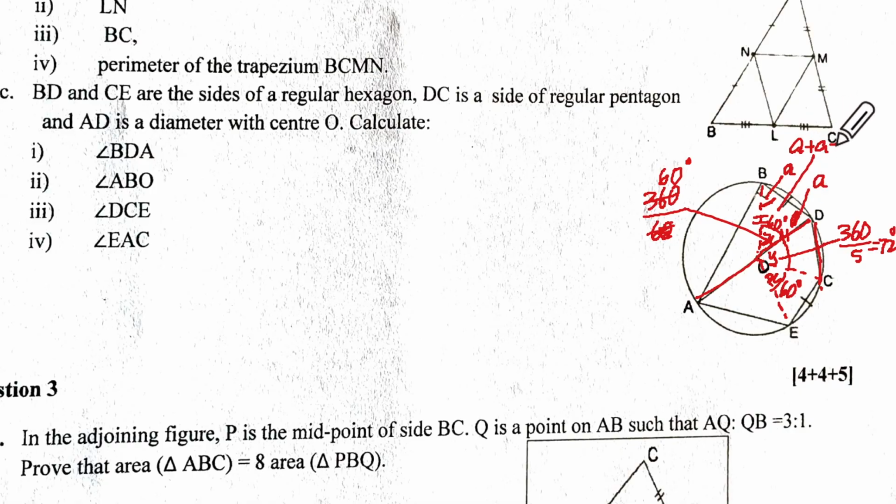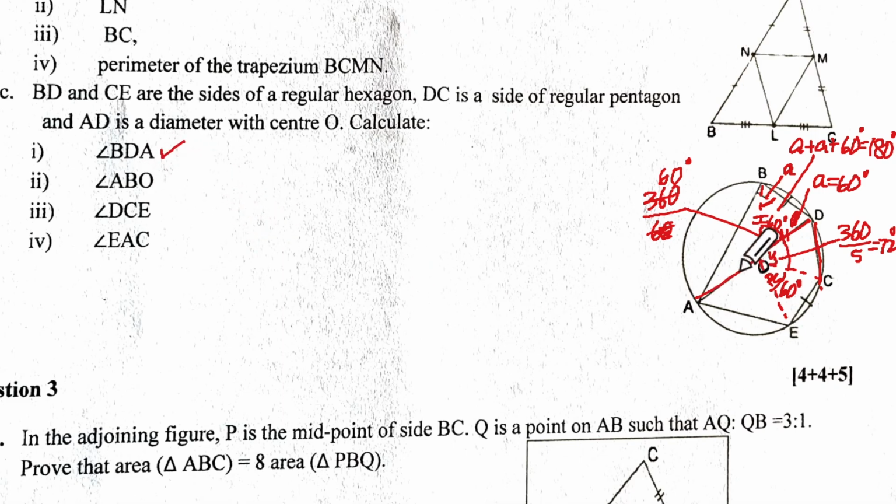A plus A plus 60 degrees is equal to 180 degrees. You have to write what I'm writing. So 2A is equal to 120. So A is equal to 60 degrees. So this is your first answer, 60 degrees.